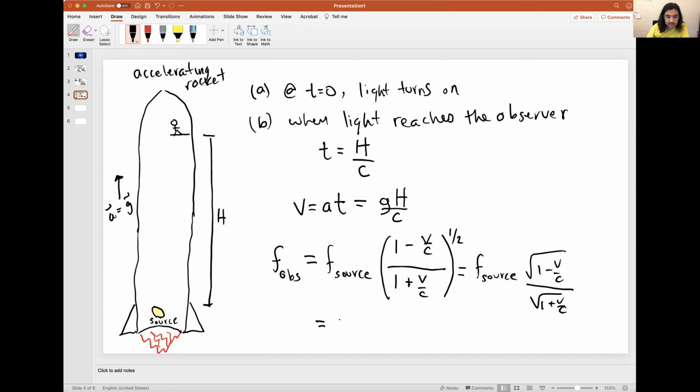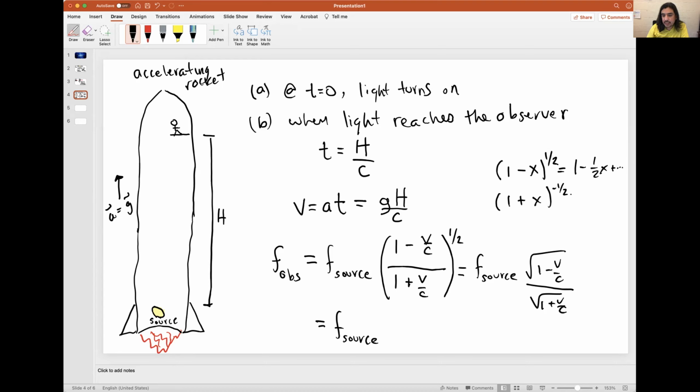And actually, you use a Taylor expansion. I'm sure you have done Taylor expansions, right? So if you have 1 minus x to the 1/2, you can write that out. And on the bottom, we have 1 plus x to the negative 1/2, right? So in both cases, we will have 1 minus 1/2 x, and then other terms.